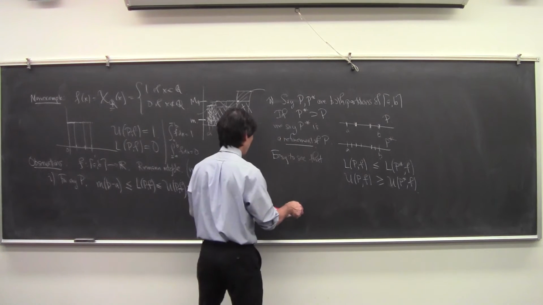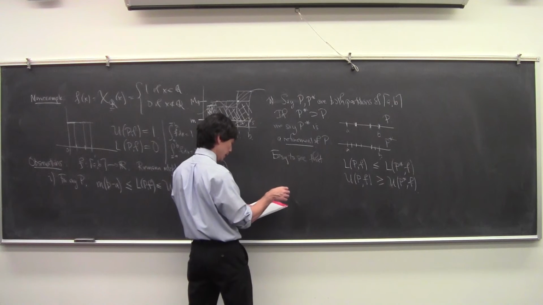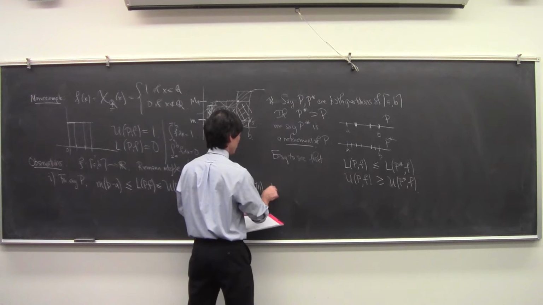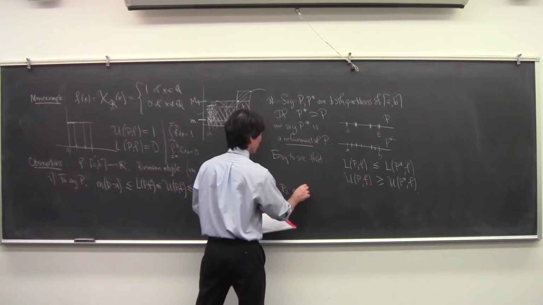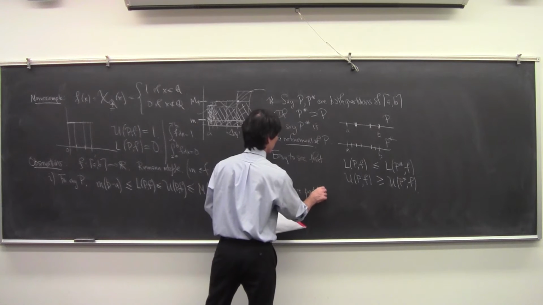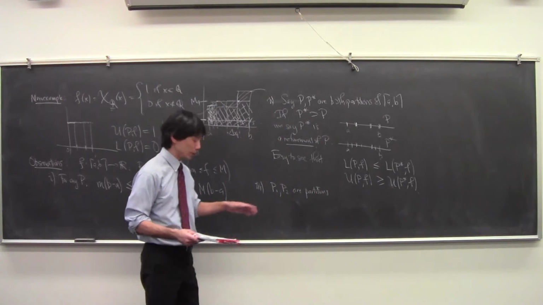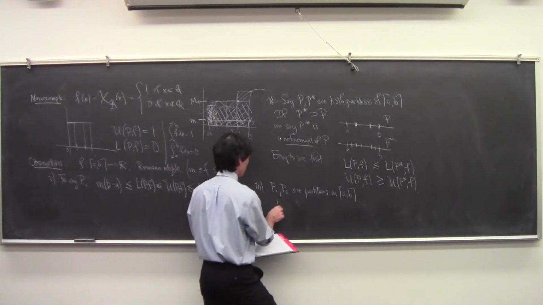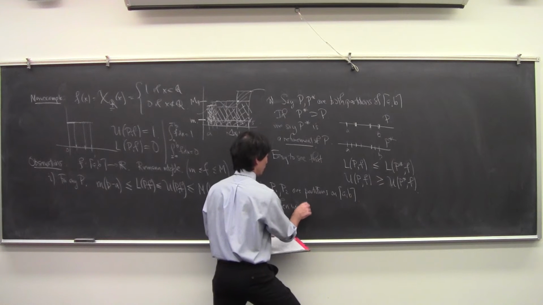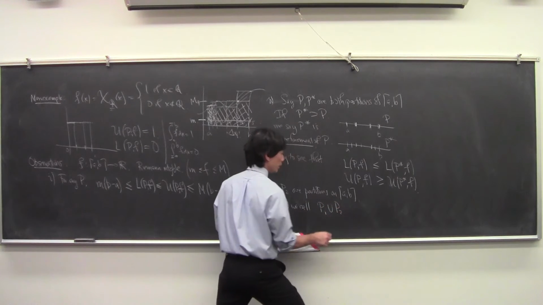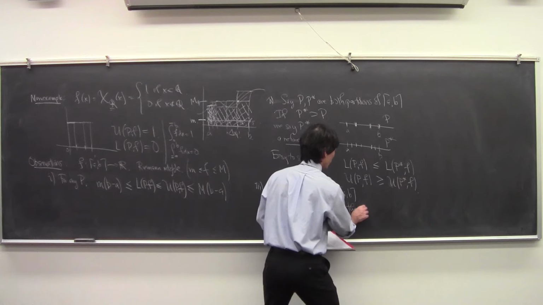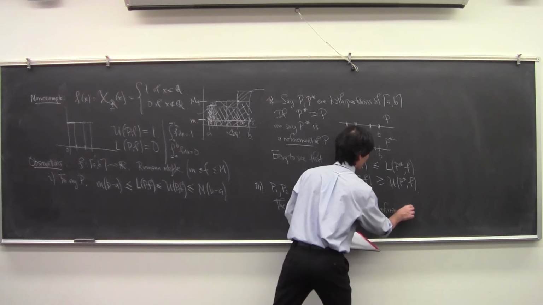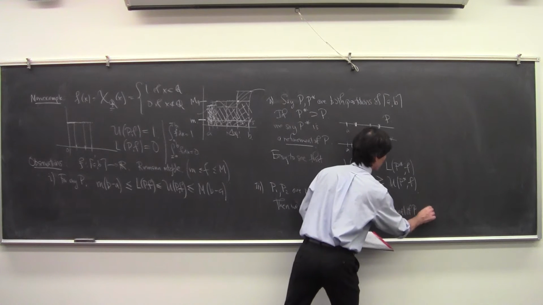And then the last thing I want to say is that if you have two partitions, P1 and P2, we call the union P1 union P2 the common refinement of P1 and P2.